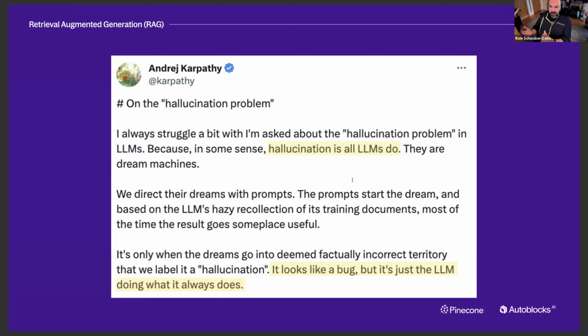Sometimes they give us answers that are not what we expect. But in fact, and this is what Andrej Karpathy is saying, LLMs only hallucinate. This mechanic of figuring out what's most likely to come next is the only mechanic an LLM knows, and it's actually us who make the determination of what is considered to be a hallucination and what is not. But the basic mechanic is always the same. And our goal is to make sure that the behavior of the LLM aligns with our expectation. Okay, let's go on to the next one.